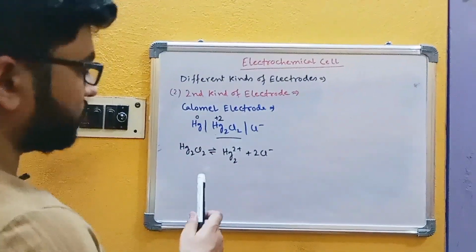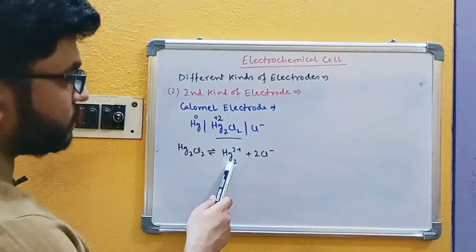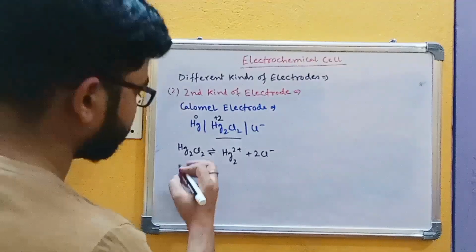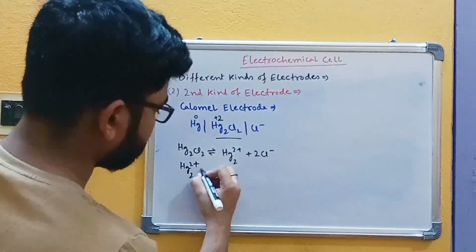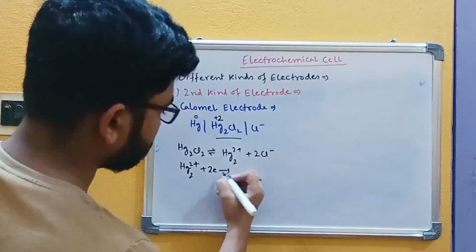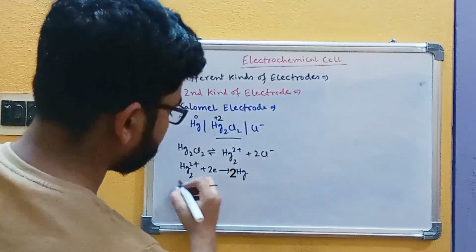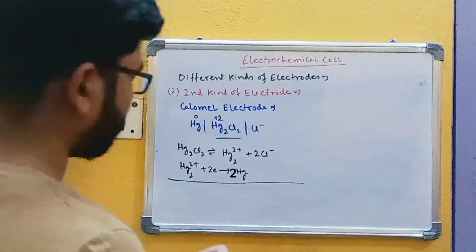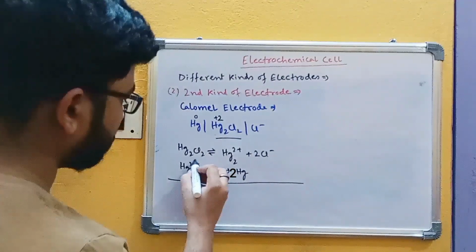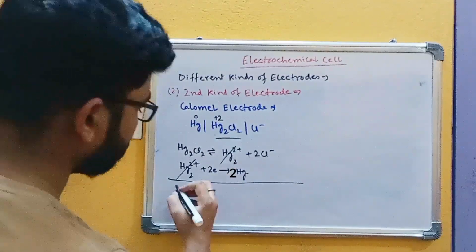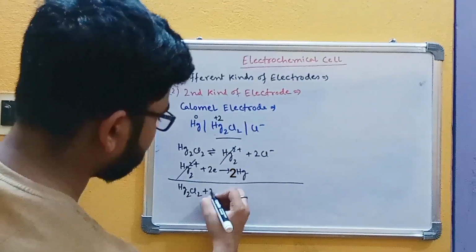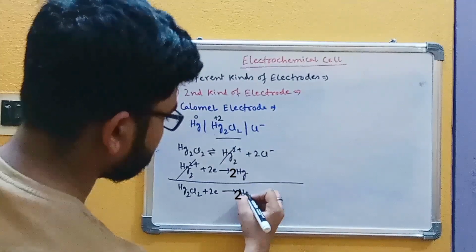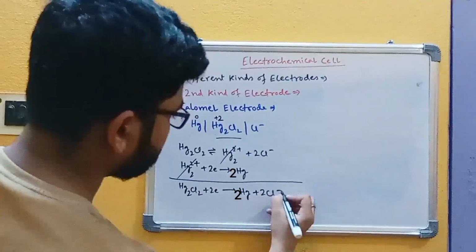So we have to write this Ag2 2 plus in terms of Ag. Ag2 2 plus takes 2 electrons and converts to Ag, and we get the overall half cell reaction: Ag2 2 plus cancels out and Ag2Cl2 plus 2 electrons gives Ag plus 2Cl minus.